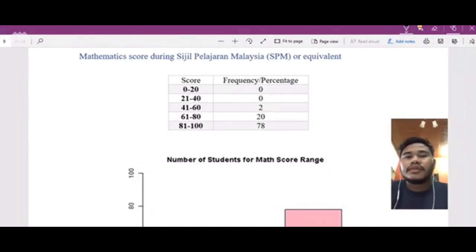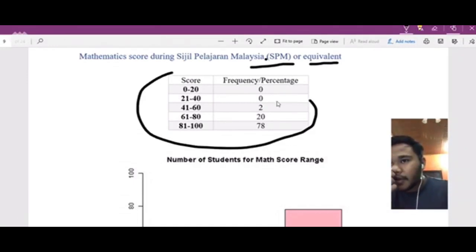So I will present the mathematics score during Sijil Pelajaran Malaysia or its equivalent. This is a table to present the score. The first range is 0 to 20%, and the percentage is 0.